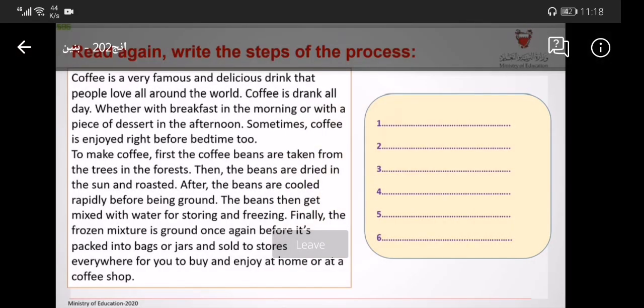You have about 2 minutes. If you have already finished, start thinking about writing your own describing a process paragraph. For example, you can try to think about the steps to making tea, or the steps to making a birthday cake, or your favorite dish, or a traditional dish in Bahrain like mechbous.